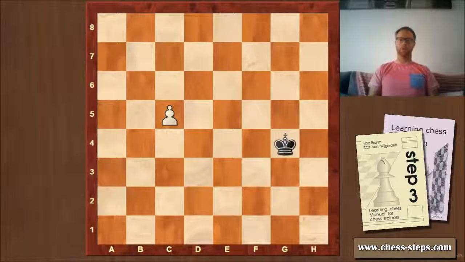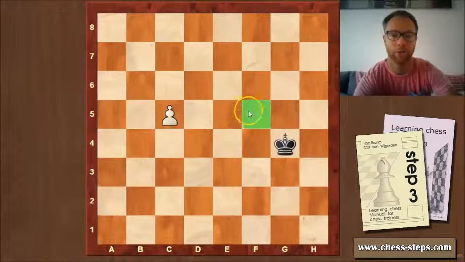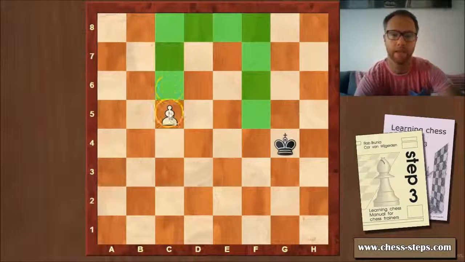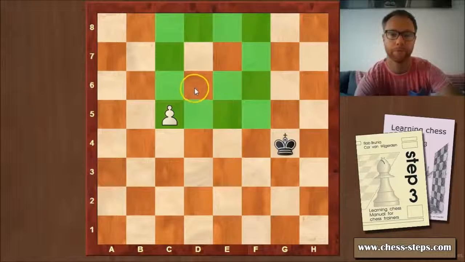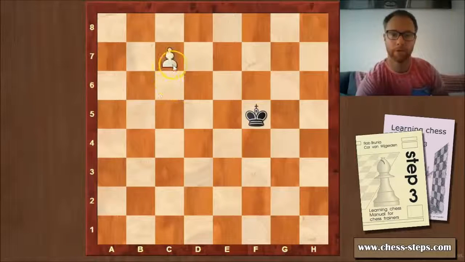In this position, we see the pawn on c5 again. We know what the square of the pawn is. It starts at the square f5. If white were to move now, we're going to quickly draw the square just to make it easier for you to see. If white was to move now, black would not be on time to stop it.